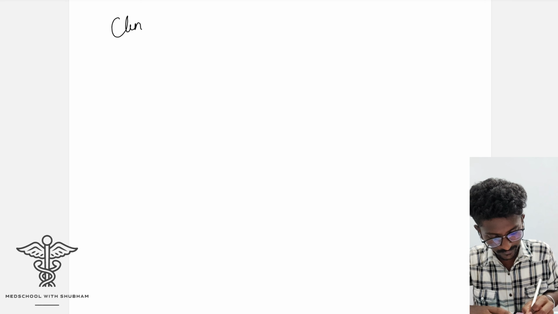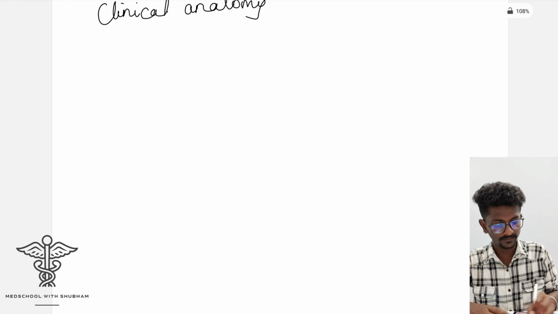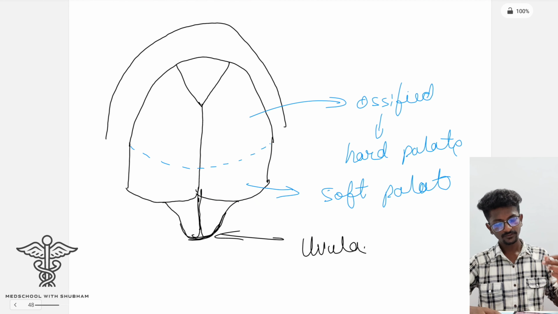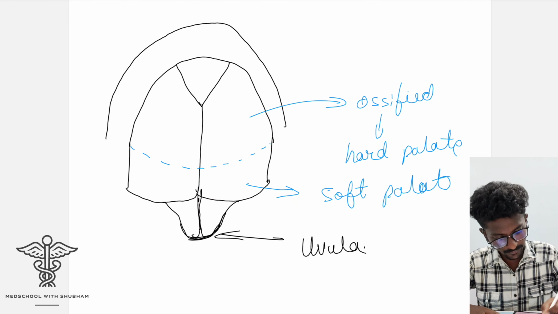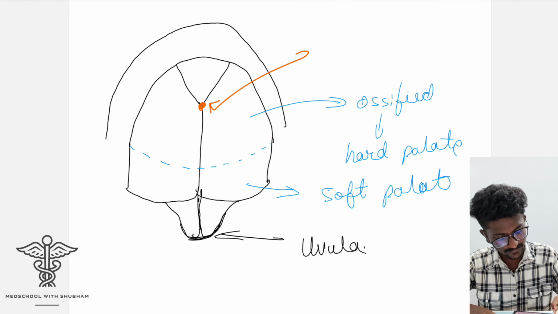Now let's come to the clinical anatomy, or the developmental defects. Okay, so now what will happen? One more important thing, this point of fusion of both the palatine process and the premaxilla is called as the incisive fossa.